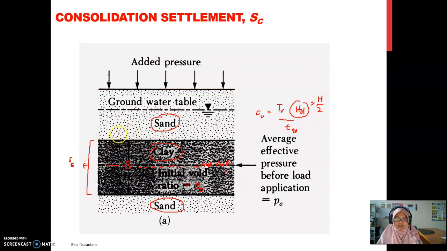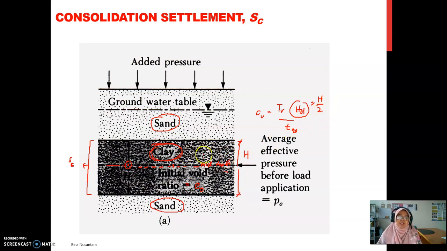Let's look at this figure. This is clay, and the clay has the initial void ratio of e0. Note that it has double drainage. If we need to know the rate of the settlement, bear in mind we need to divide the height of the clay, let's say this is the height of the clay, H, by 2.